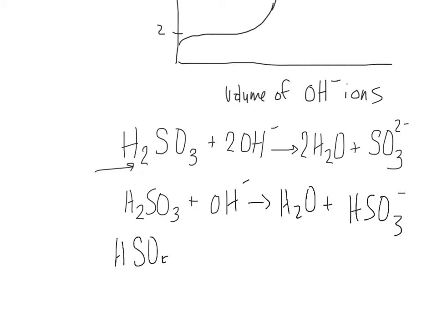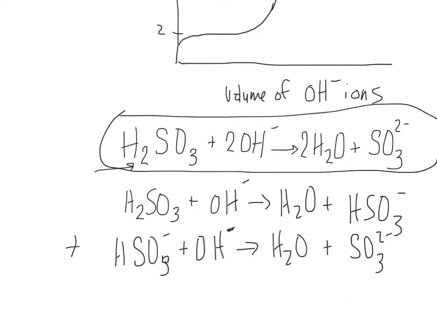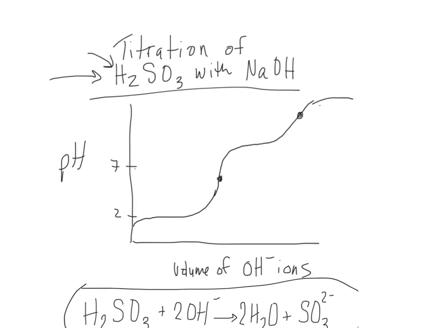The reason why we have 2 humps is because there really are 2 steps in this process. The second step gives H2O and SO3 2 negative. And what you would notice is, if we were to sum these two, what we would end up getting is, in fact, this overall reaction here. So now that we know what we're looking at, let's go back up front.